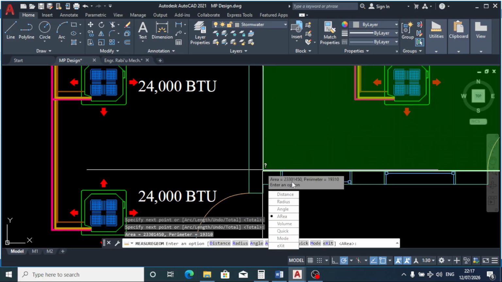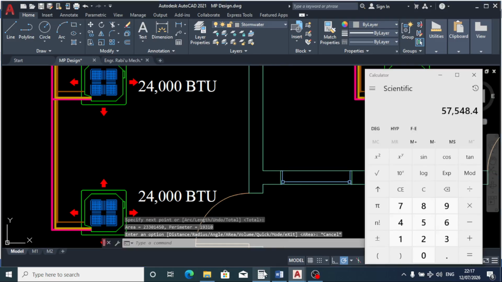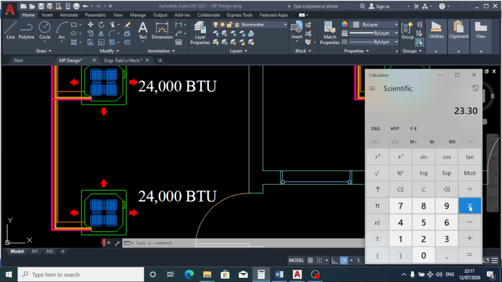So for this space we have 23.30 times 1,785, 41,590.